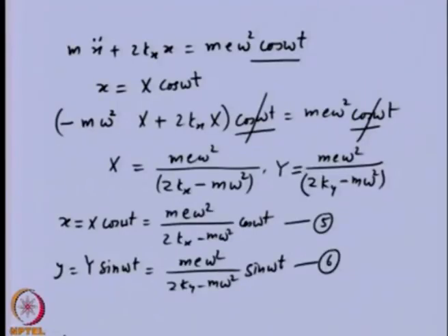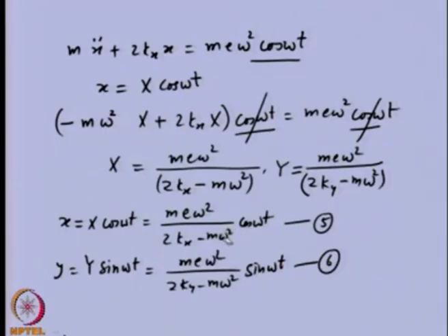So, we have the response here. You can see if this particular denominator becomes 0 for a particular value of omega, because here kx is a constant for a particular bearing, m is constant, and omega is a variable which is the spin speed of the shaft that we can vary.